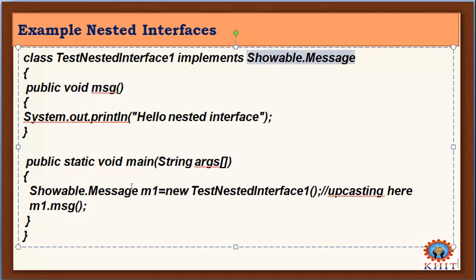For this nested interface, we are creating a reference variable called m1, and for this m1 variable I am assigning the memory of the class. What is the class name? TestNestedInterface1. So whenever we use this new operator, memory is allocated for this class. See, this total thing will be assigned to variable m1.